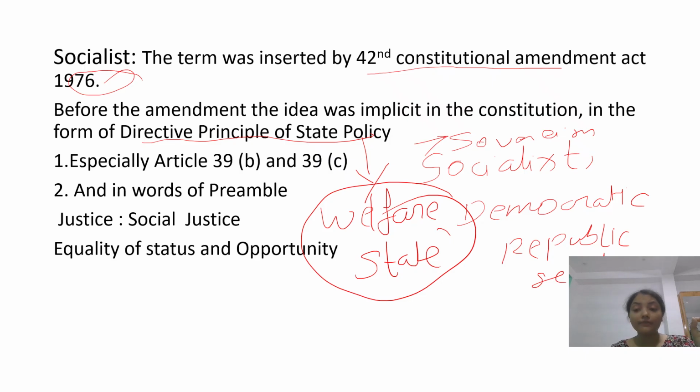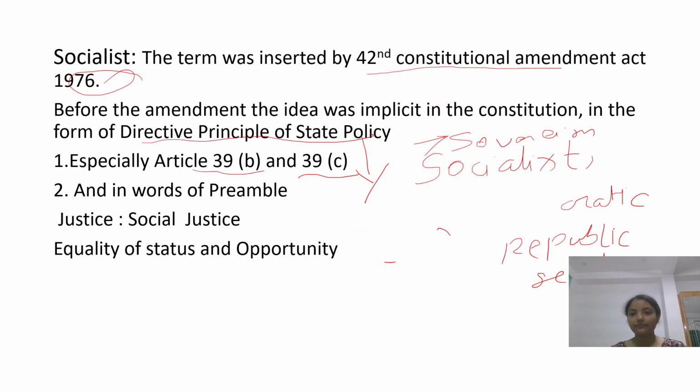Several provisions of the directive principle are of a socialist nature. For example, Article 39 Clause B and Article 39 Clause C. So what are Article 39 Clause B and Article 39 Clause C?